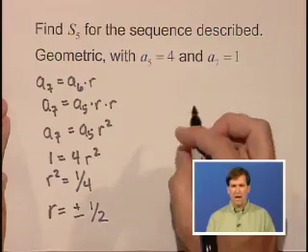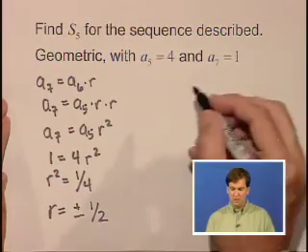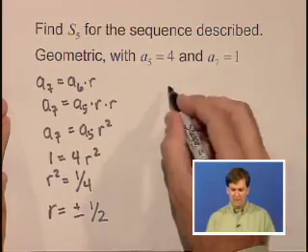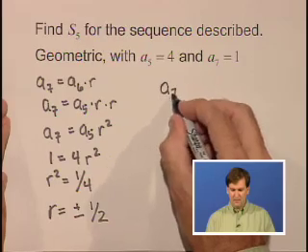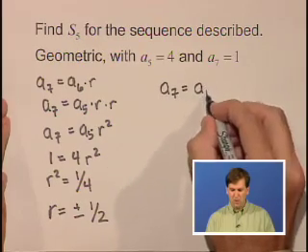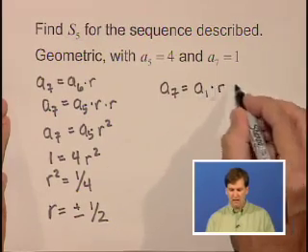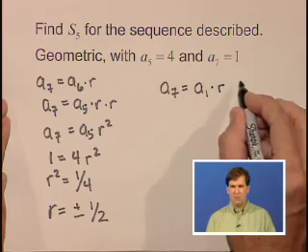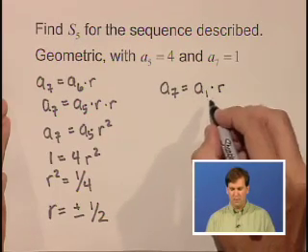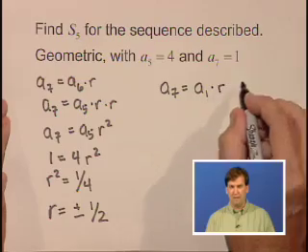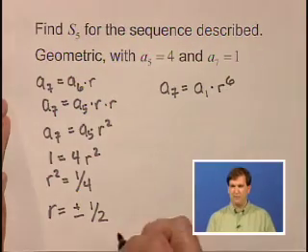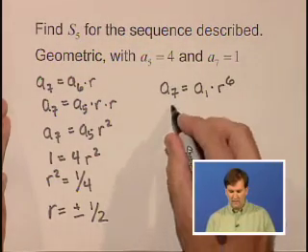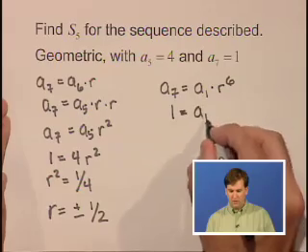The formula for a1: well, we know a7, so let's use that. a7 should be equal to a1 times the common ratio to the n minus 1 power. An is a1 times the ratio to the n minus 1 power, so this should be to the 6th power. a7 is 1. a1 we don't know.